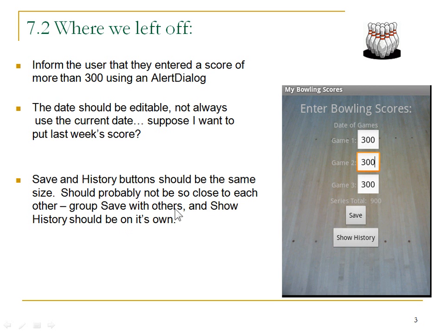And I also made a note here that save and show history buttons should be the same thing, and that the save button should be somehow associated with these visually, and the show history button, which we haven't done anything with yet, is how we would get to the other activity in the application to look at the history of our bowling scores, the bowling record.